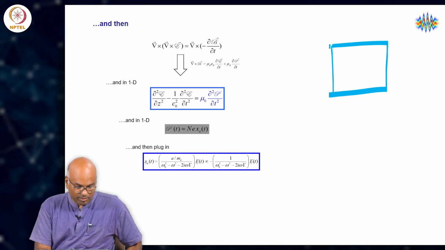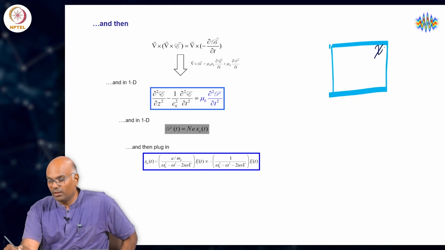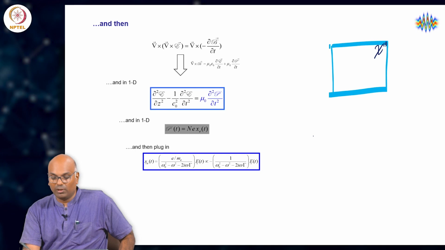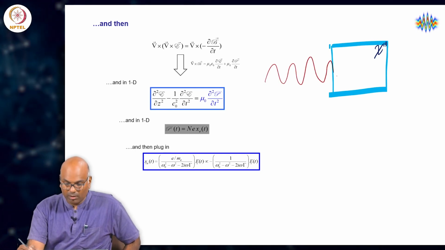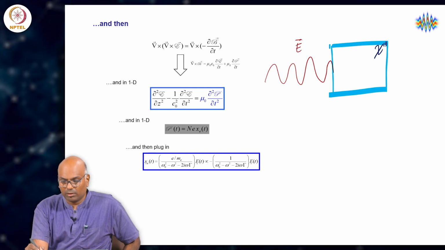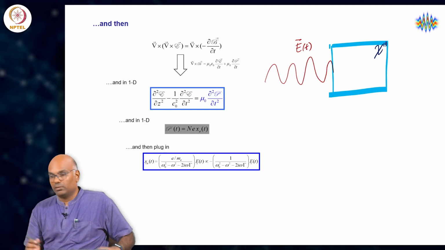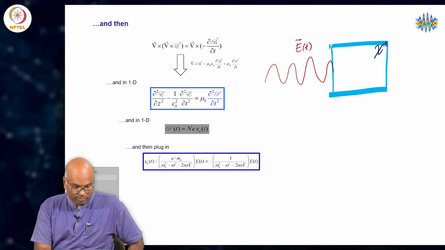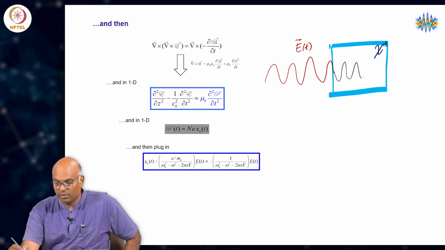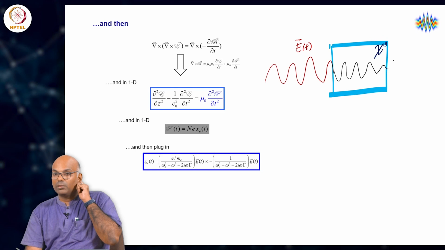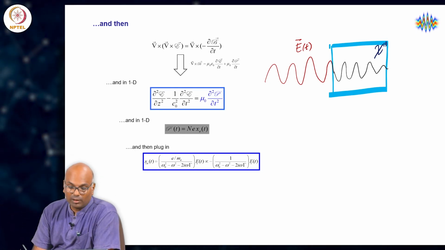And this medium has a certain chi of the first order, and the wave is incident, and something happens to it inside matter. Right, this is the scenario we want to describe.